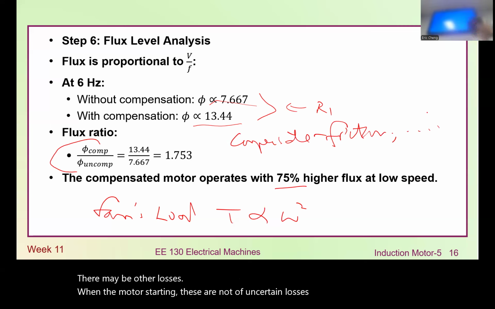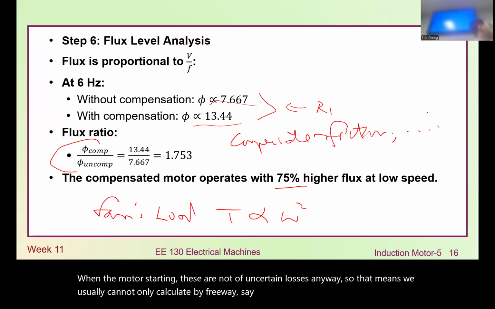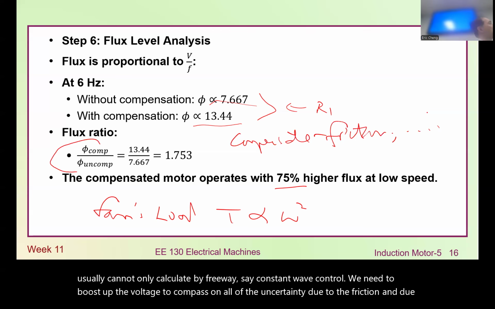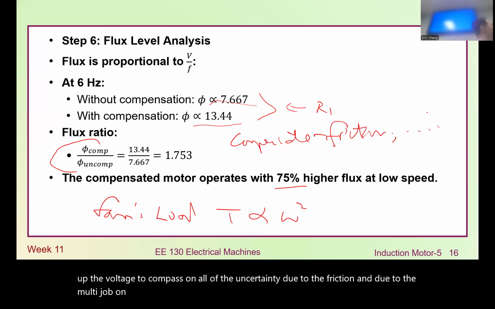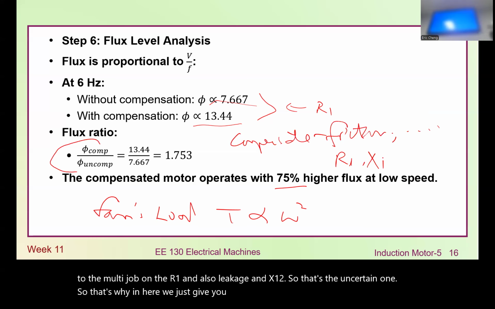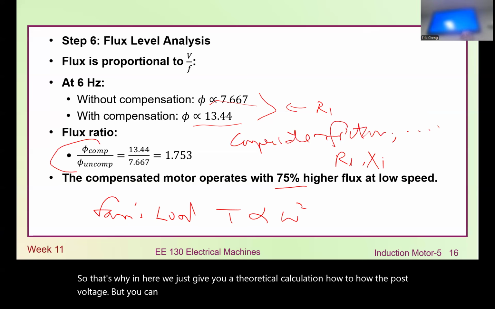So that means we usually cannot only calculate by theory, by constant V/f control. We need to boost up the voltage to compensate for a lot of the uncertainty due to the friction, due to the voltage drop on R1, and also leakage and X1 too. So there is a lot of uncertainty in R1 and X1. That's why here we just give you a theoretical calculation of how we work out the boost voltage. But you can see that actually there are a lot of uncertain losses due to the starting.